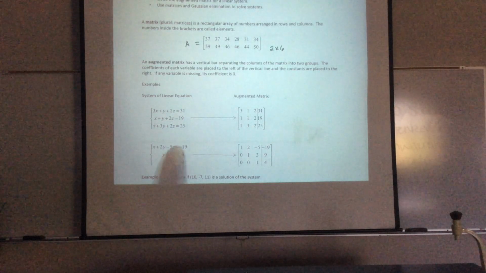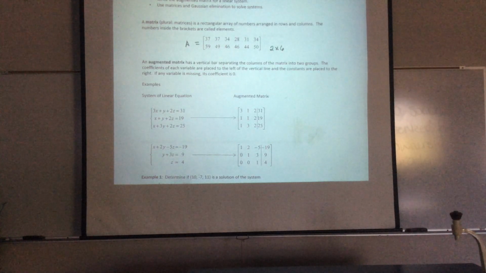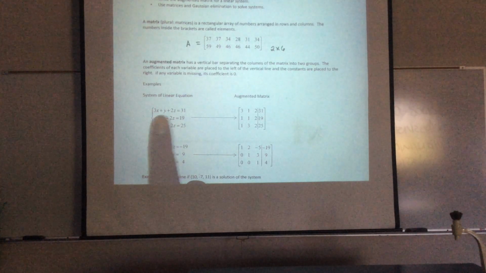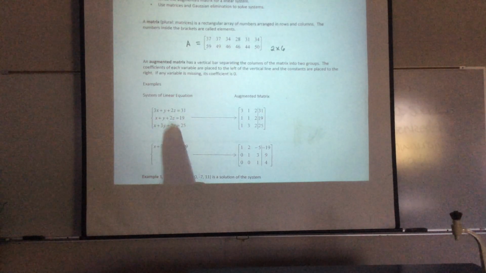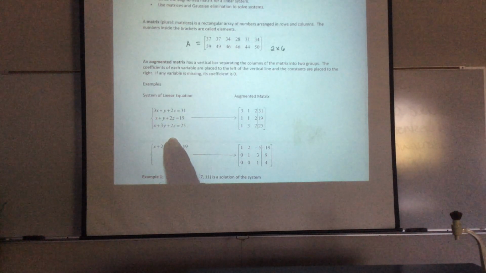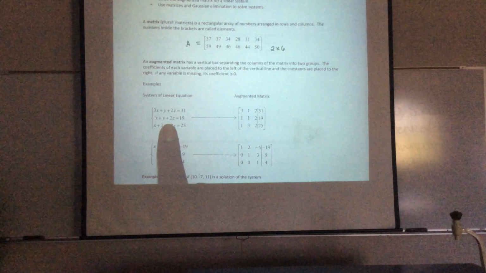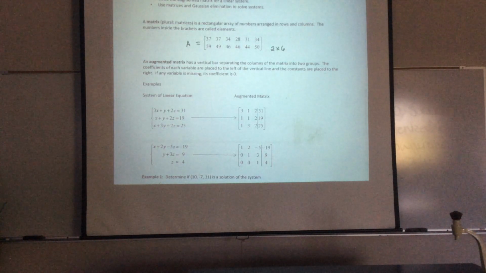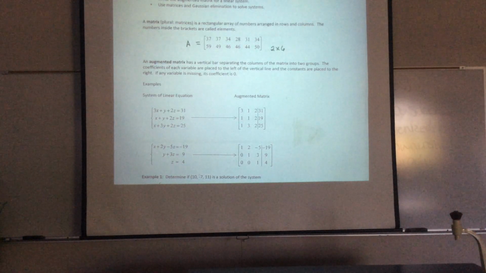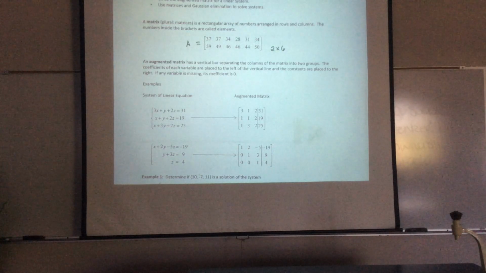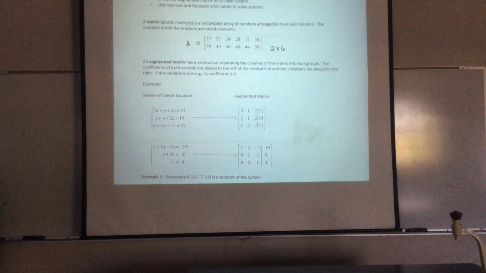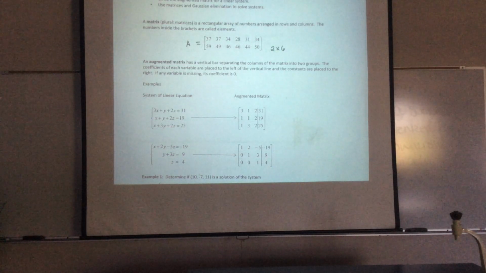Here are a couple of examples. On the left are systems of linear equations. Usually, in this case, it's going to be 3 variables, x, y, and z. Like for this one, 3x plus y plus 2z is equal to 31, x plus y plus 2z equals 19, x plus 3y plus 2z is equal to 25.